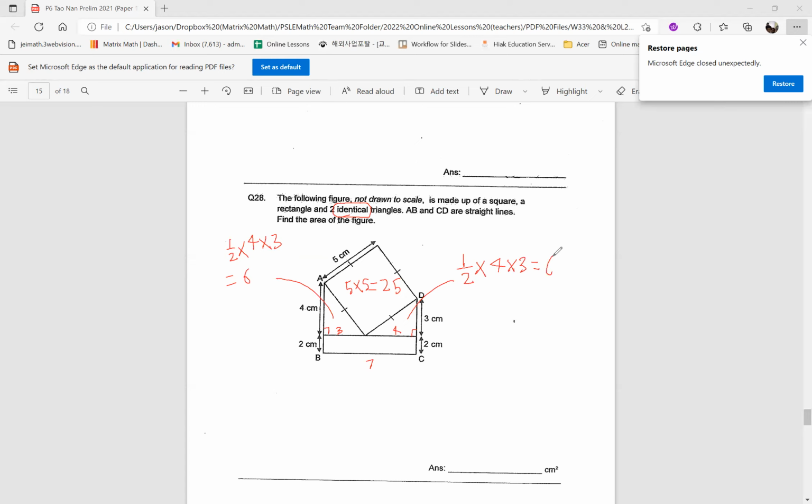You also get 6. The area of this rectangle is 2 times 7. You get 14. So the area of the figure will be simply 25 plus 6 plus 6 plus 14, and you will get 51.